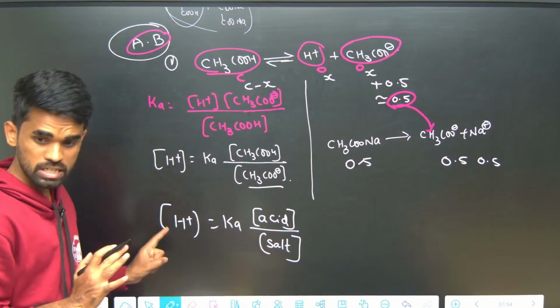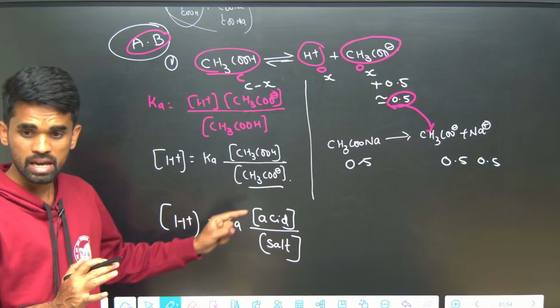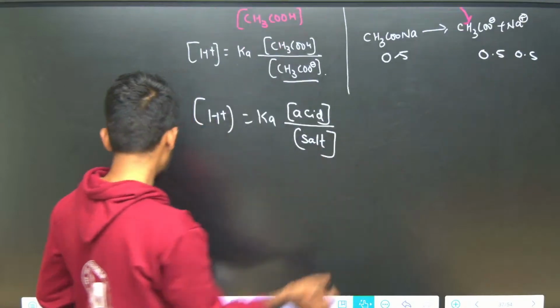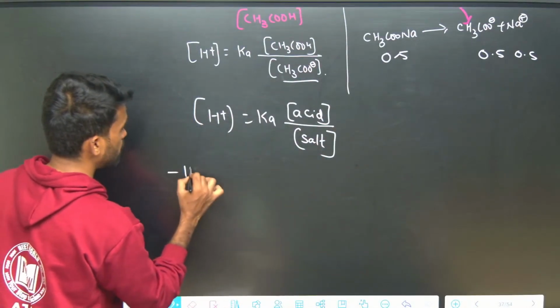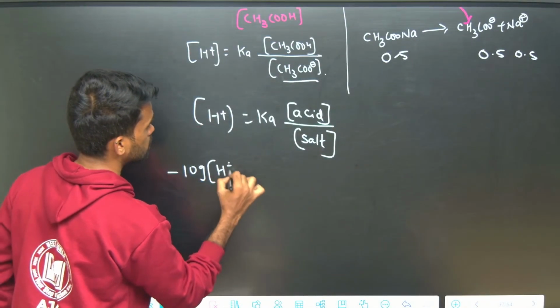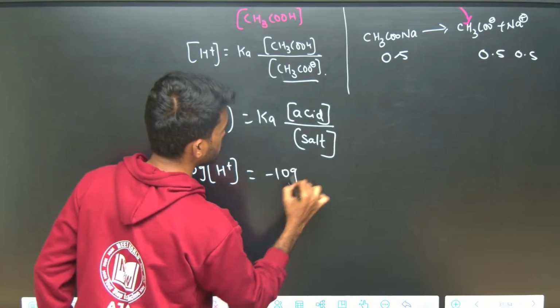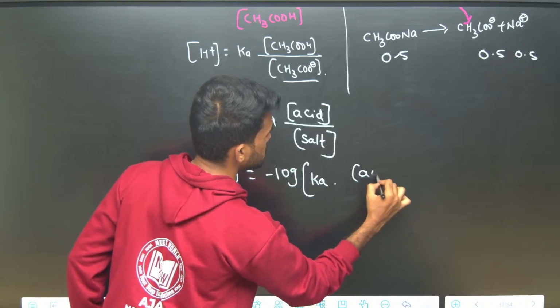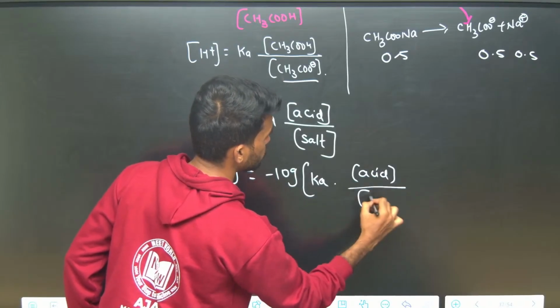So the concentration of H plus is Ka times acid concentration by salt concentration. Now apply minus log on both sides: minus log of H plus, and on this side minus log of Ka into concentration of acid by concentration of salt.